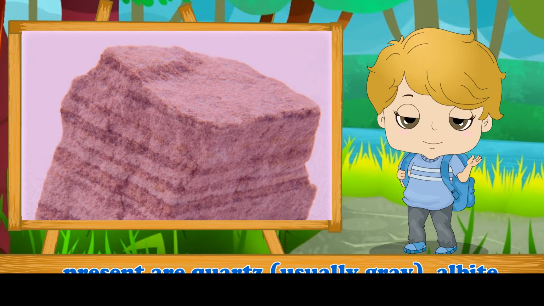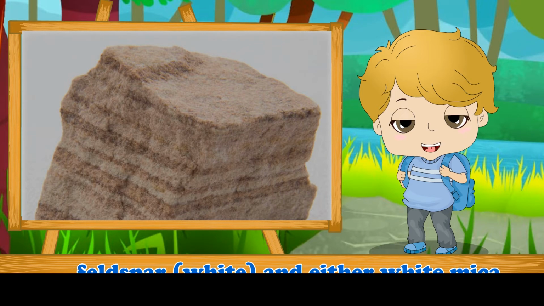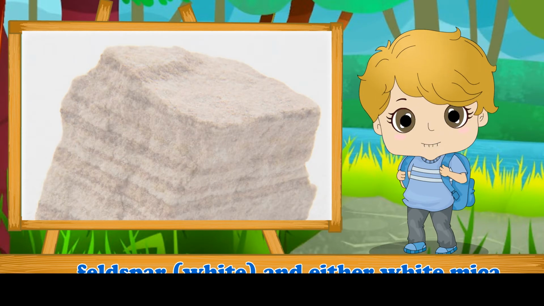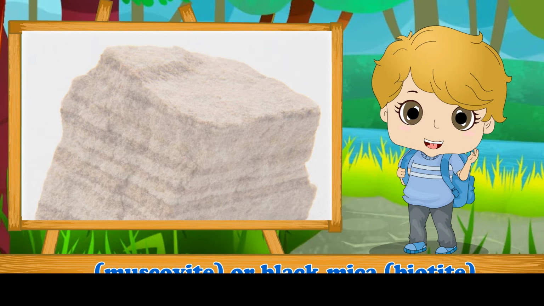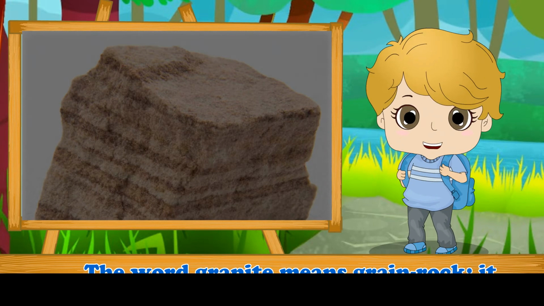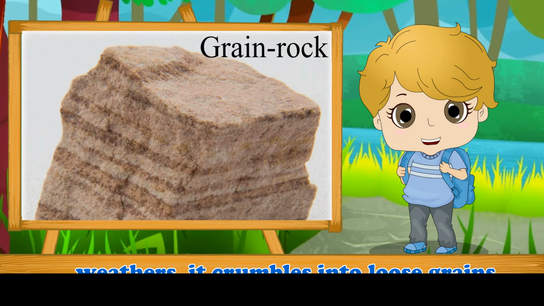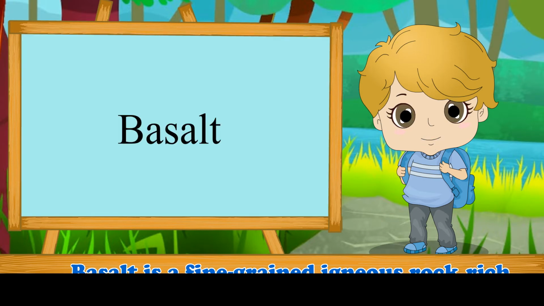Other minerals present are quartz, usually gray, albite feldspar, white, and either white mica, muscovite, or black mica, biotite. The word granite means grain rock, as it crumbles into loose grains.